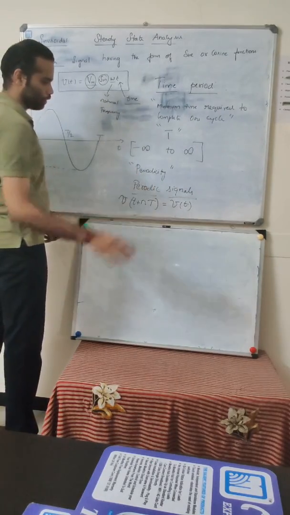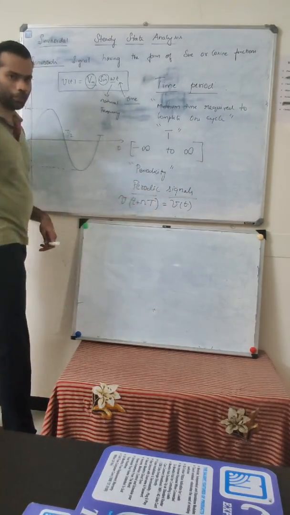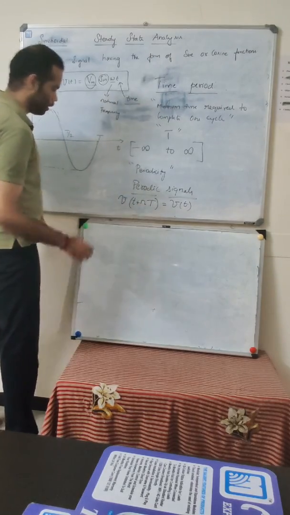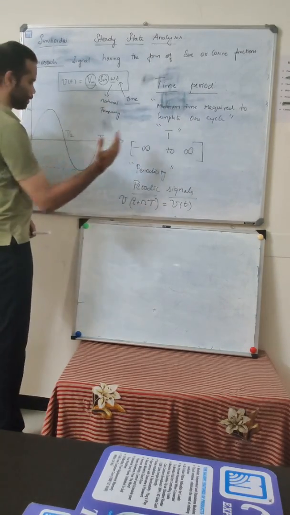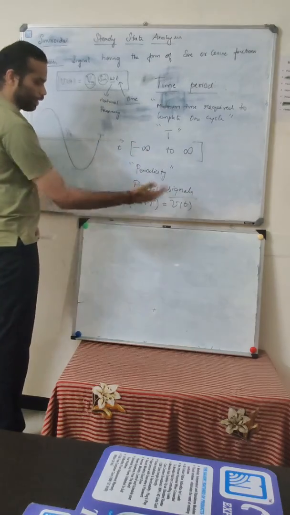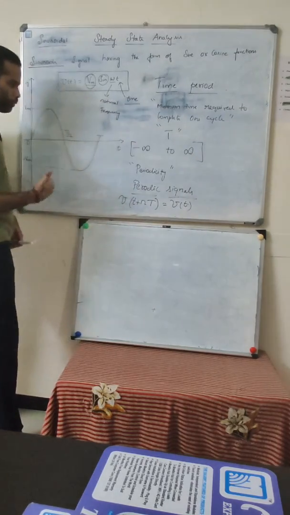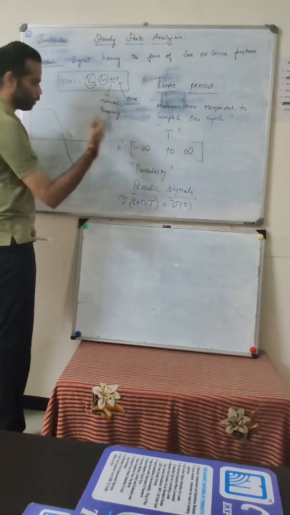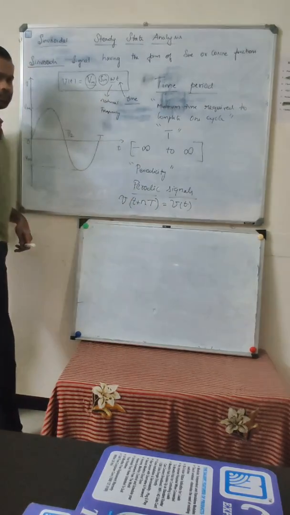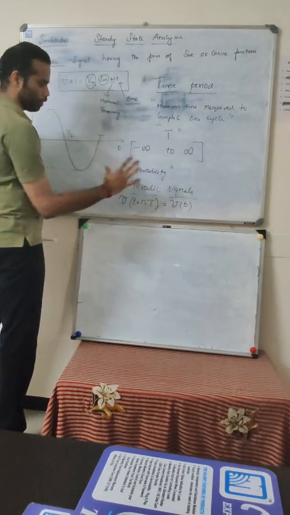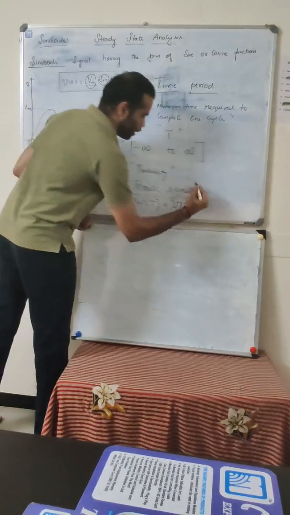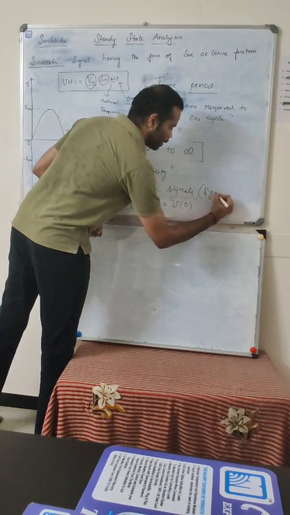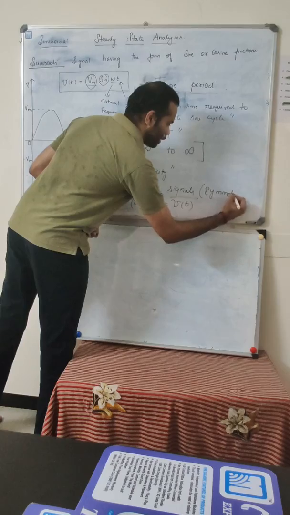The periodic signal is generally given by this particular form. Even after shifting the signal by n time periods, positive or negative, if you keep on repeating the signal, it remains as it is. That is called a periodic signal. And generally periodic signals should be symmetric in nature.